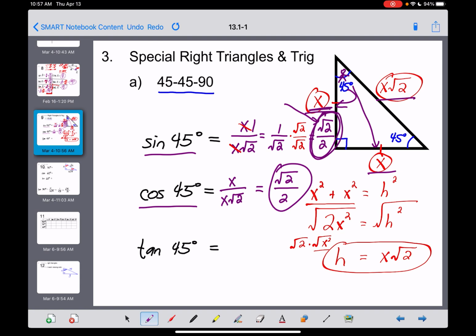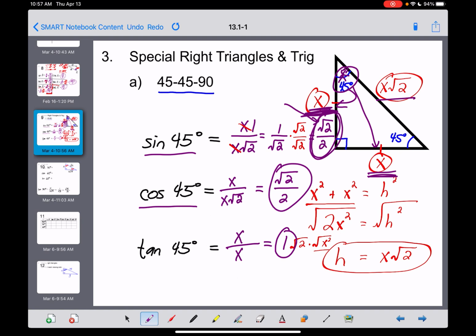Tangent of 45 is the coolest one of all of them, though. Tangent is opposite leg over adjacent leg. So from your angle right here, the opposite leg is this x, the adjacent leg is this x, and it doesn't matter what x is, x divided by x is always going to equal 1. So these are three values we would want to have memorized, guys. The sine of 45 is root 2 over 2.